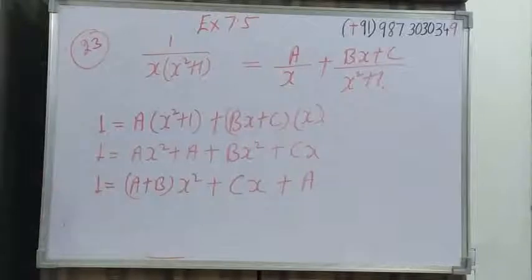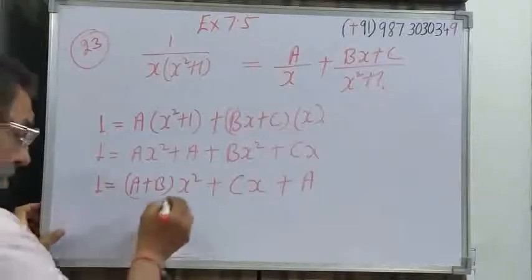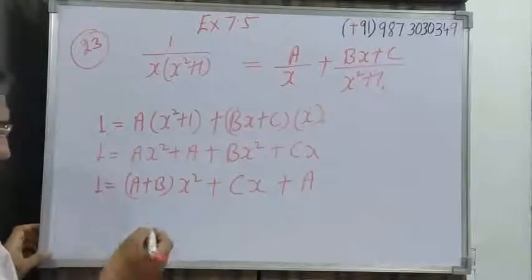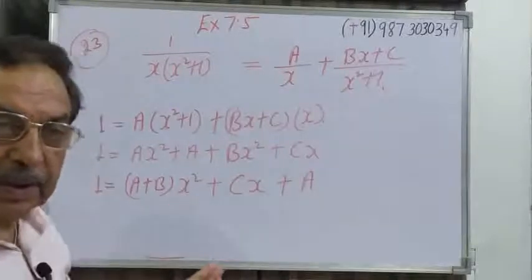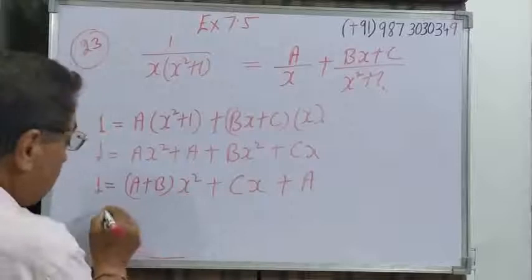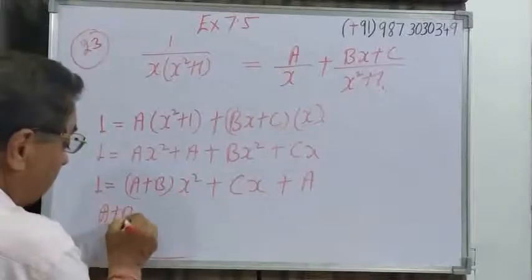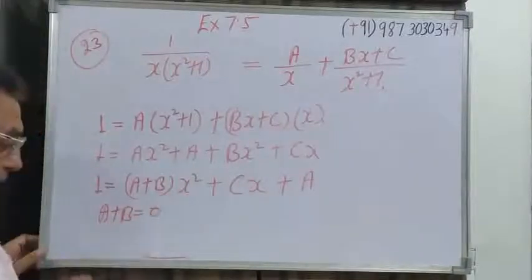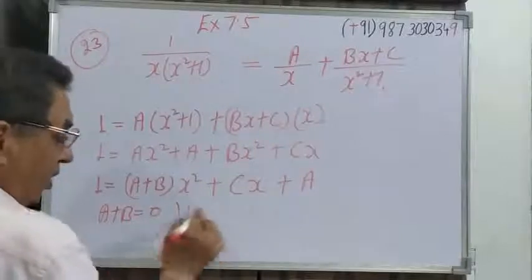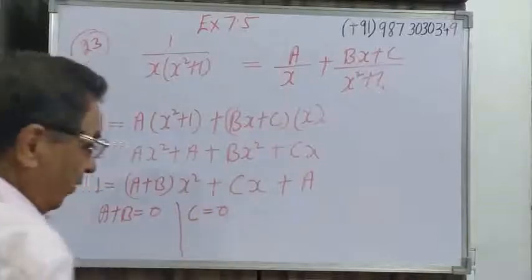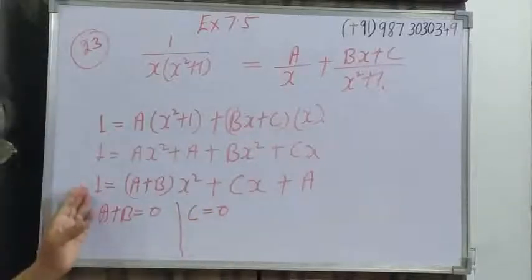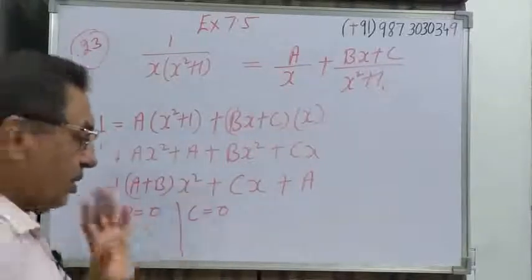If I compare the coefficients of x square, on the left hand side there is no x square, that means 0. So the coefficient of x square, a plus b, is equal to 0 first. Then for x, again c comes to be 0 because there is no term of x on the left hand side, so c is 0.